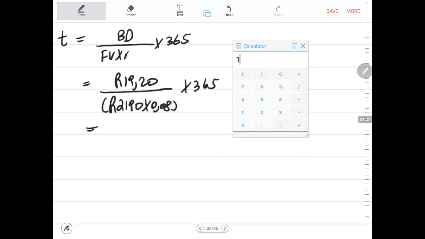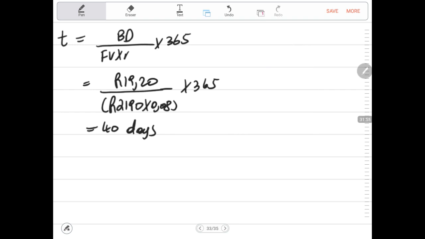We have 19.20 divided by open brackets 2190 times 0.08 close brackets, times 365. We get 39.99, which is 40 days. Other calculators get exactly 40 days without having to round off.